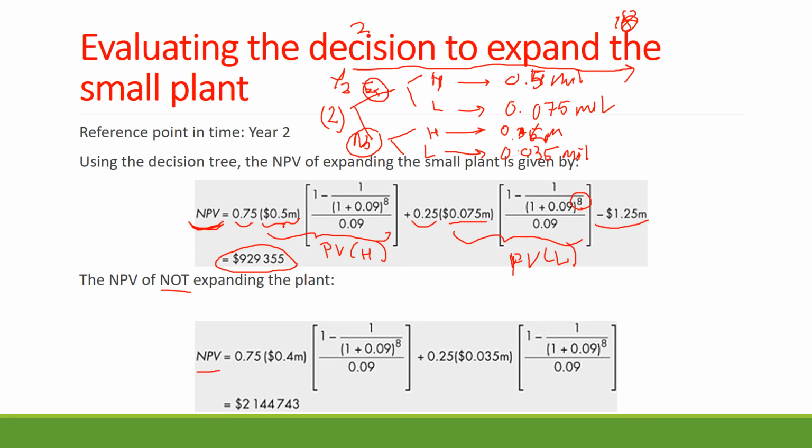Yeah? So with the decision not to expand, if we have high demand, we get $0.4 million per year for the next 8 years, and therefore the value of the high demand scenario is given by the present value formula, the present value of an annuity, right, with annual cash flow of 0.4.